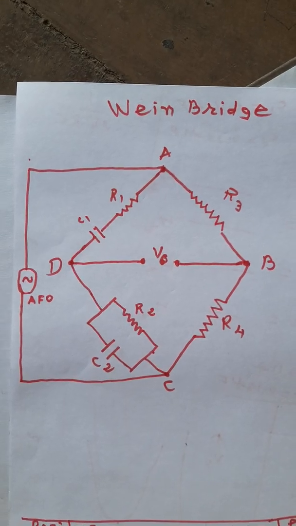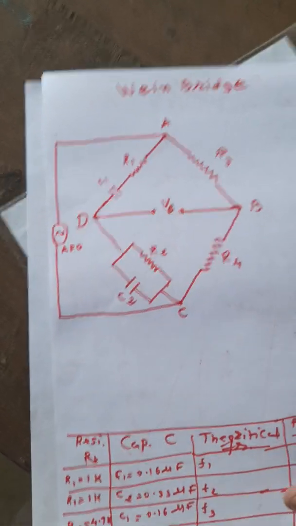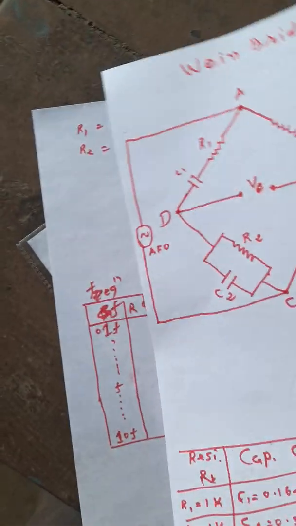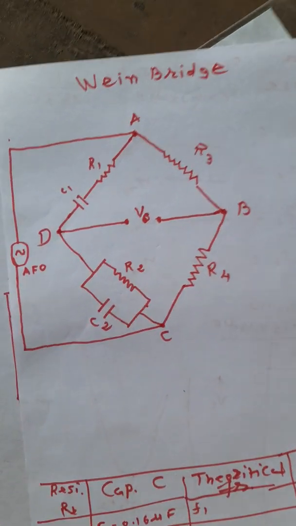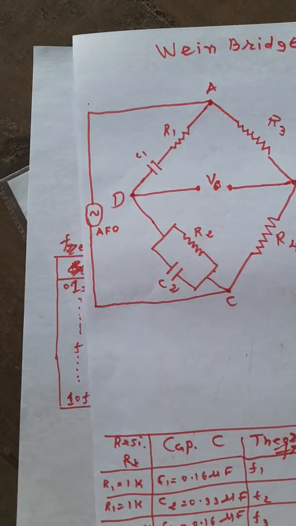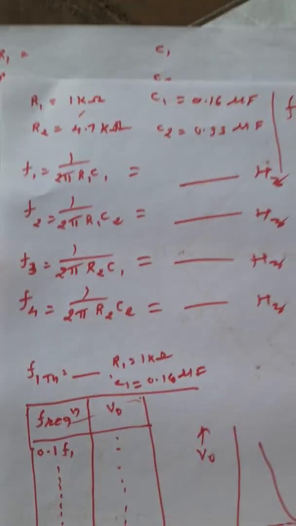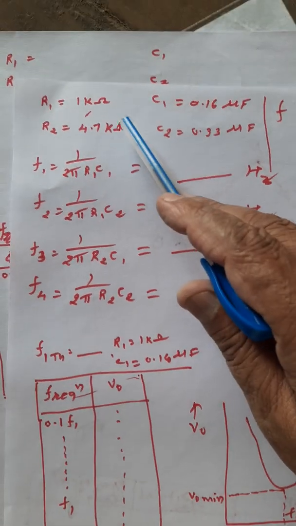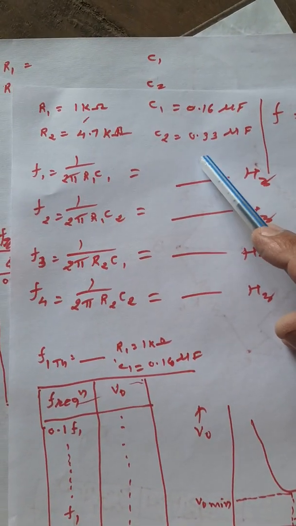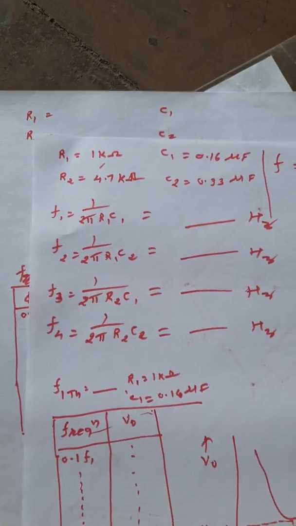So we can change the values of the impedances Z1 and Z2. We have to change the resistor value as well as the capacitor value. If we consider that the resistors are R1 and R2, and the capacitors are C1 and C2, we can change any of these 4.